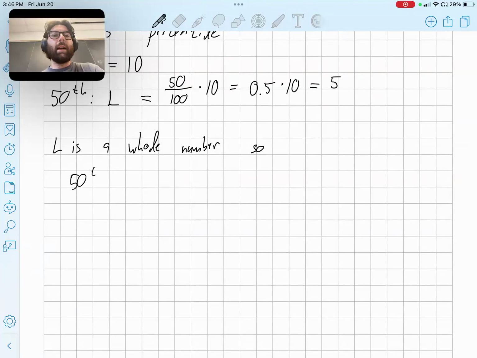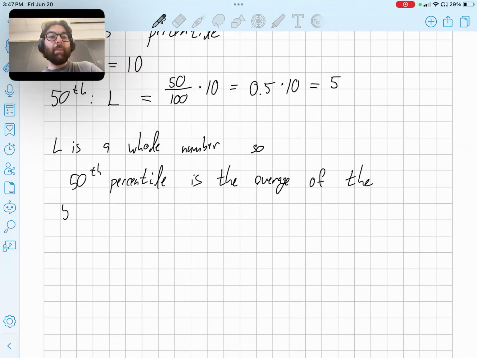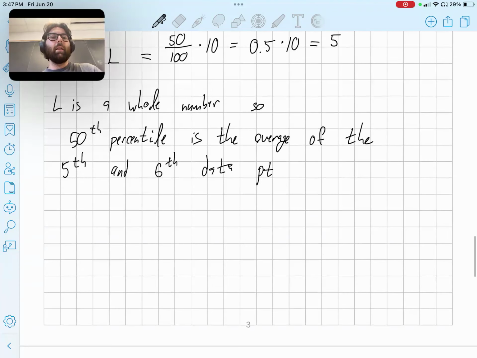Our 50th percentile is the average of the 5th data point and the 5 plus 1, or 6th, data point. Or, the 50th percentile is d sub 5 plus d sub 6 over 2.